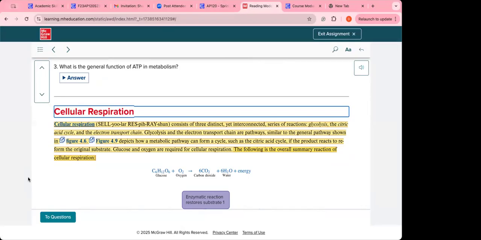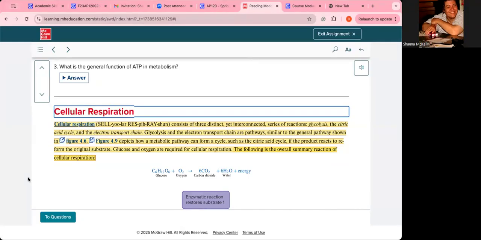If you look at the bottom sentence, the following is the overall summary reaction of cellular respiration. Glucose plus oxygen gives carbon dioxide, water, and ATP. So it's cellular respiration.